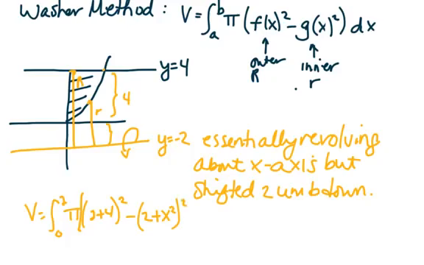So you've got this inner and outer radius that you need to account for. This is how the integral is set up using the washer method when you're shifted off the major axes. Now this is just algebraically working through the problem. I'm going to pull the pi out.